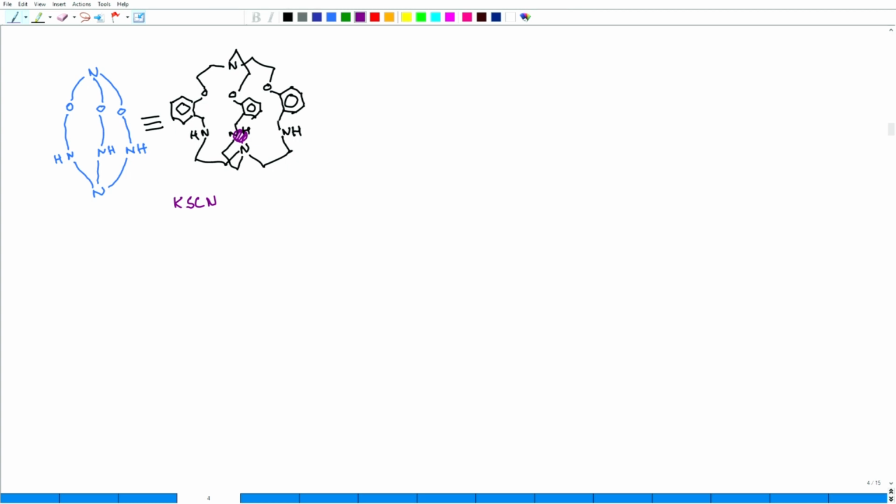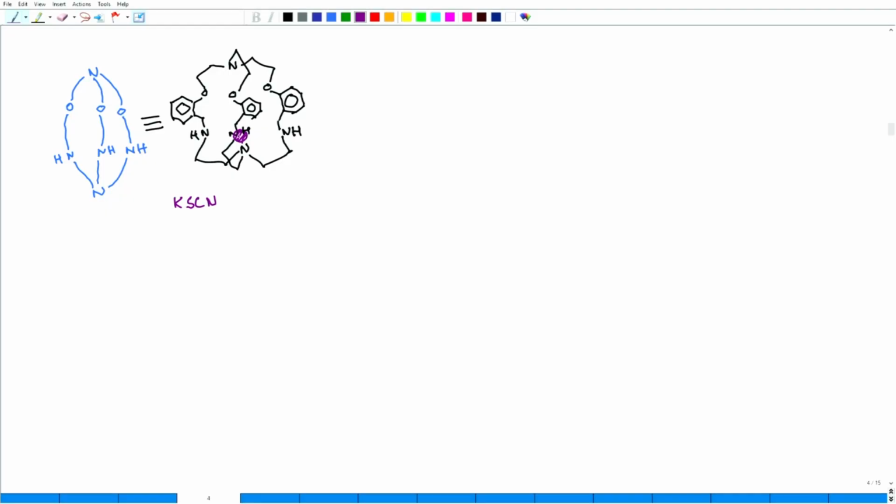Like we had the macrocyclic effect, here because of this cryptand it is called the cryptate effect. Both thermodynamic and kinetic stability are very high for these systems. So, the metal ion is very happy here and is bound, it cannot be moved very easily. Anything can be moved with proper reagents, but I am saying that it is difficult to move.